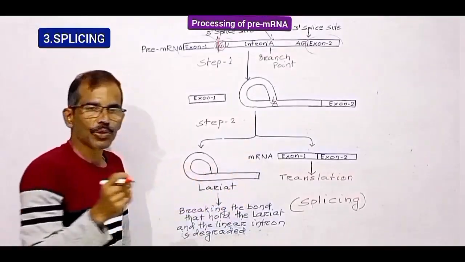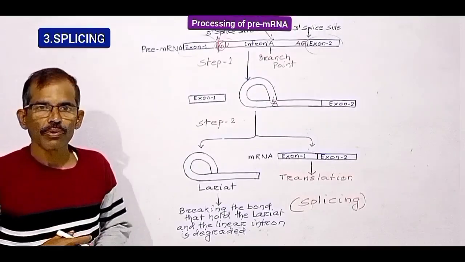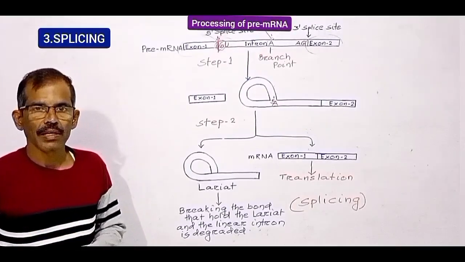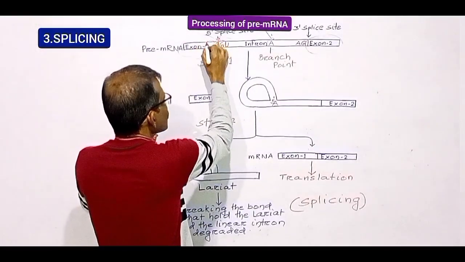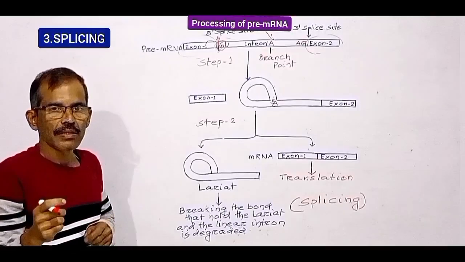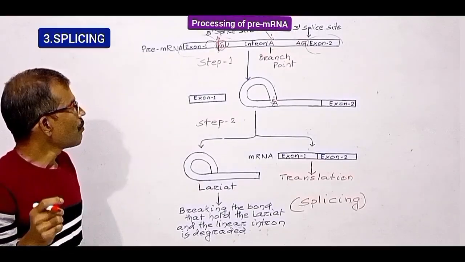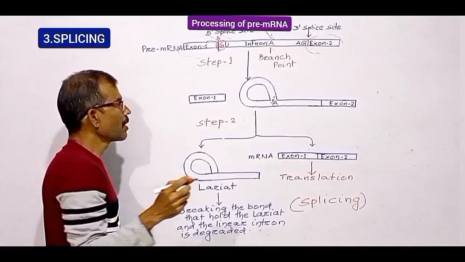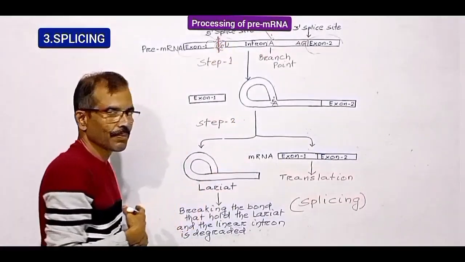This figure illustrates the pathway of splicing. Before splicing takes place, an intron lies between an upstream exon and a downstream exon. Splicing takes place in two distinct steps. In the first step, the pre-mRNA is cut at the 5' splice site.